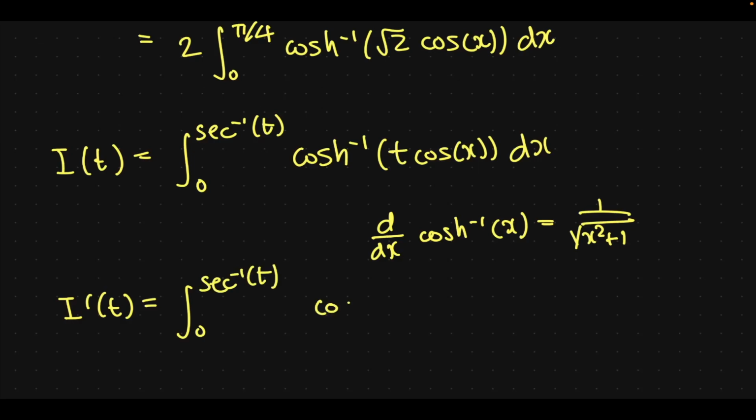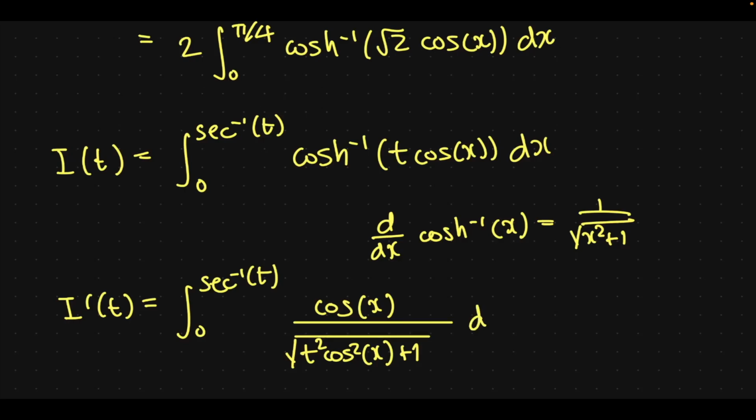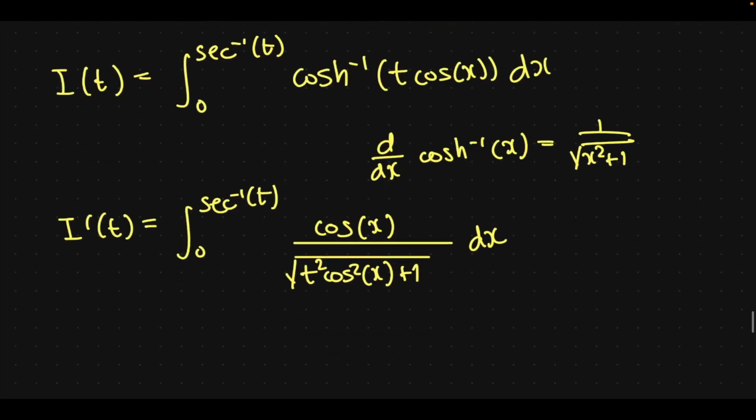We have cosine of x divided by square root of t squared cosine squared x plus 1, dx, from the chain rule, plus the derivative of the upper argument.